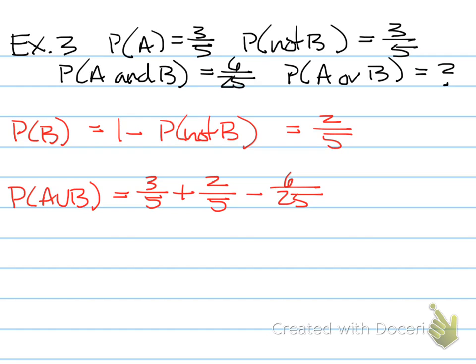So I'm just going to plug in: the probability of A or B occurring is the probability of A plus the probability of B minus the probability of A and B. So 3/5 plus 2/5 is 5/5 or 1. 1 minus 6/25 is 19/25.